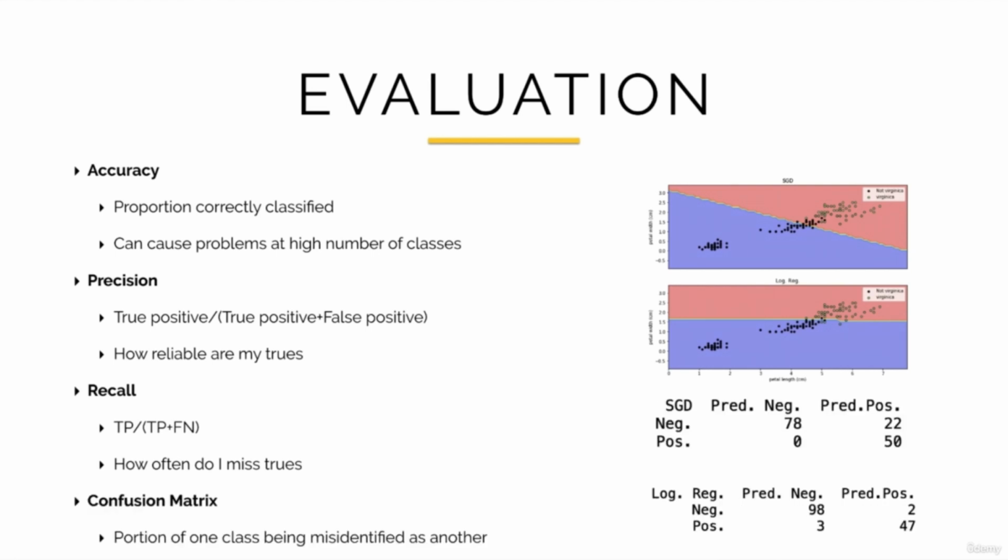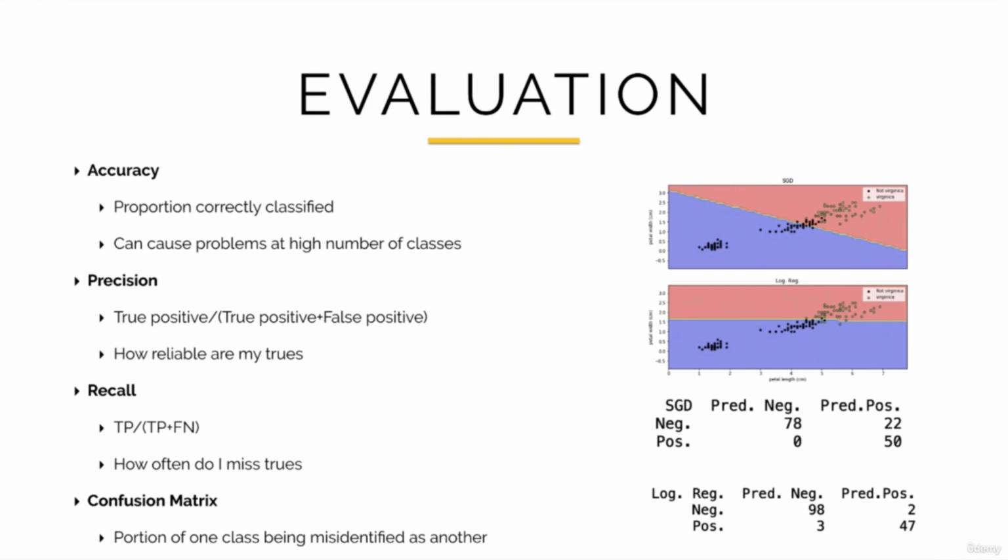Now what you can also use is something called a confusion matrix. What the confusion matrix does is it shows you how often one class was confused as another. So in this case, we can see on the right here, we've got the 2 tables. For the SGD, our rows are showing the true values and our columns are showing the predicted values.